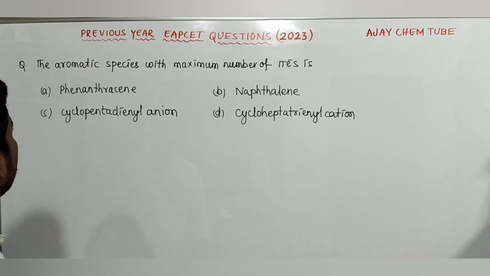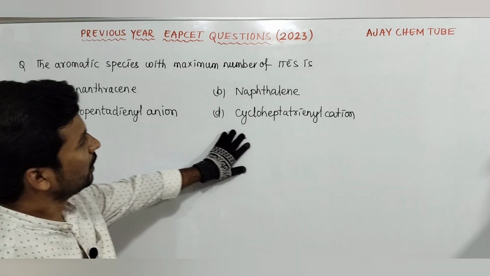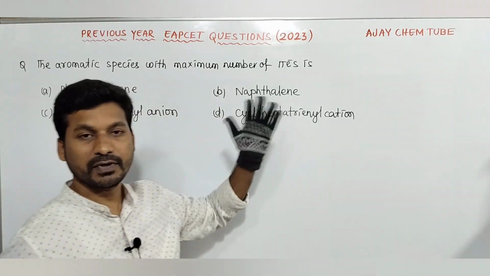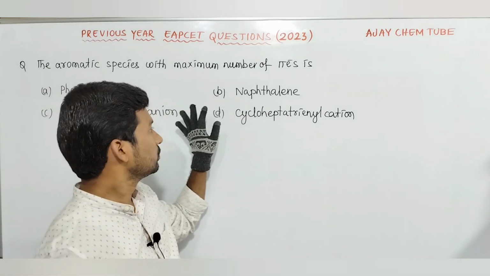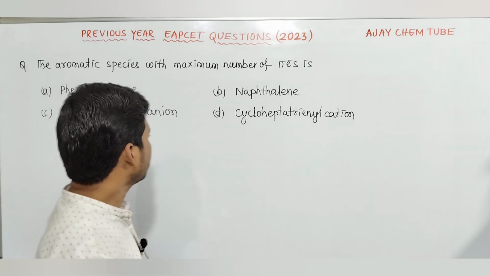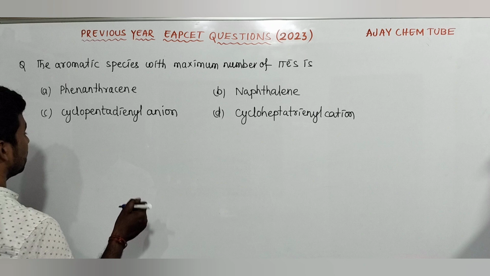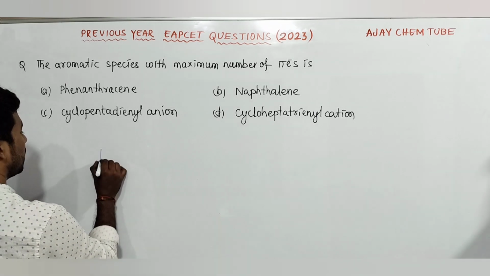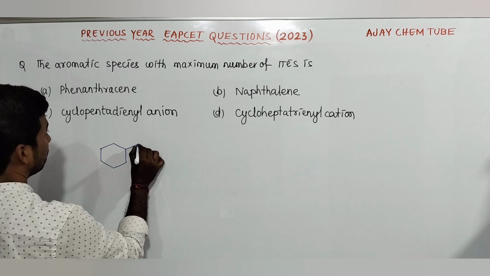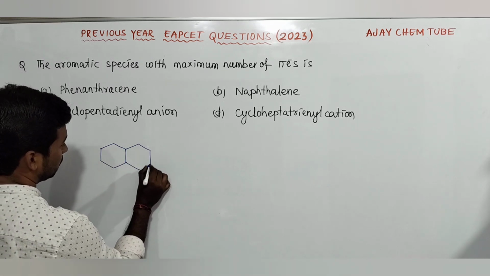See this question, the aromatic species with maximum number of pi electrons. To answer this question, we must know these names, the structures of these common names. So all these are common names. Phenanthracene. What is phenanthracene? Not a common name. This is the basic name only. This is phenanthracene.